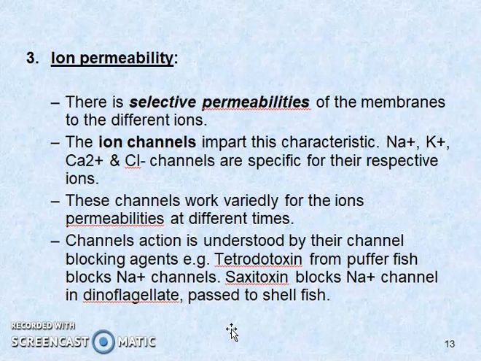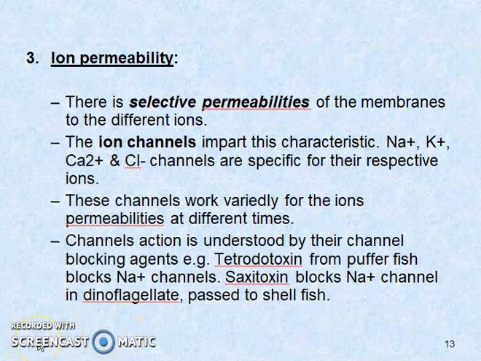For example, if action potential is not produced in a particular part, we know it is due to sodium channels. It is blocked, so now action potential is no more. Just like that, we use these things to understand channel action again and again. Channel blocking agents are used for research upon the action of channels, and this is very important in all kinds of neurological diseases or any kinds of issues.